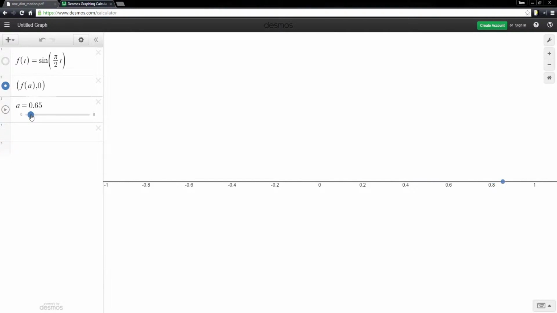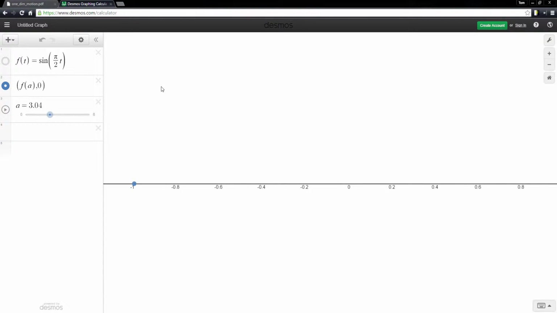For right now, I just want to slide this over to exactly 3. And here at 3 seconds, we can see that the particle or object is located at -1 on the number line.